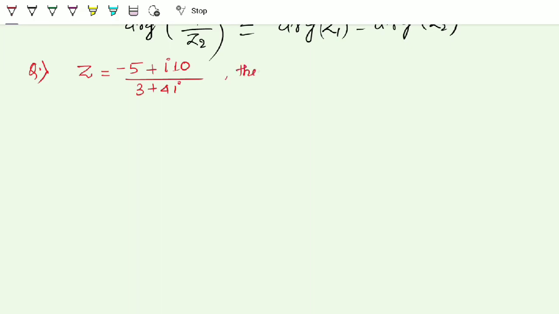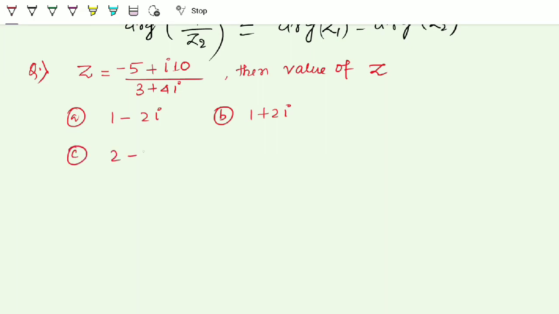Then the value of z is given as: option A, 1 minus 2 iota; option B, 1 plus 2 iota; option C, 2 minus iota; option D, 2 plus iota. This is one of the very easy questions one can easily solve.